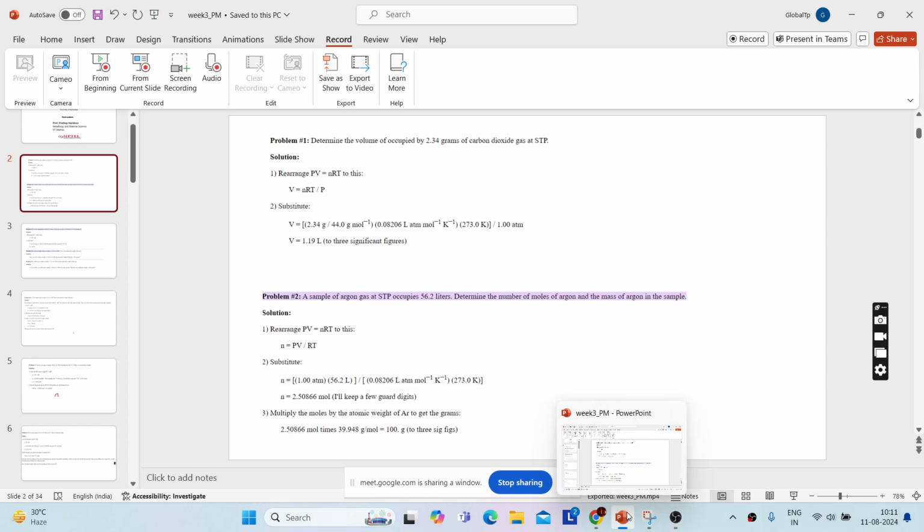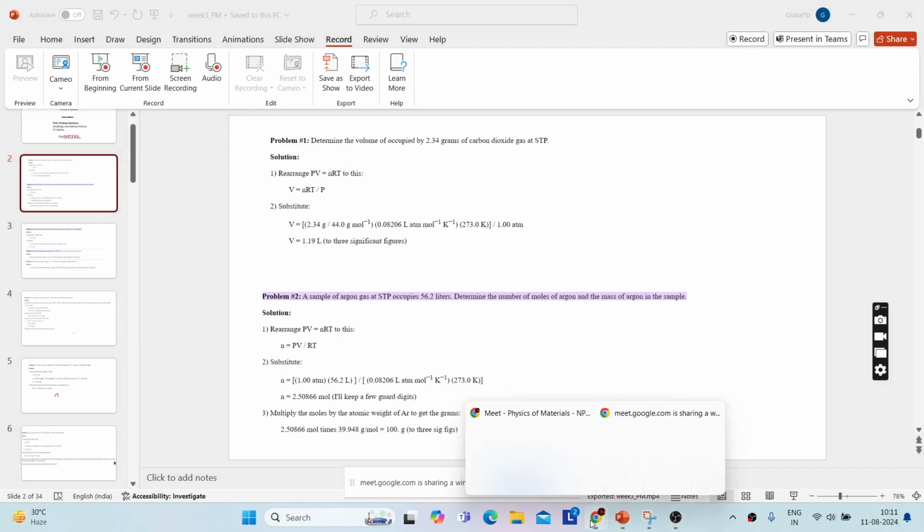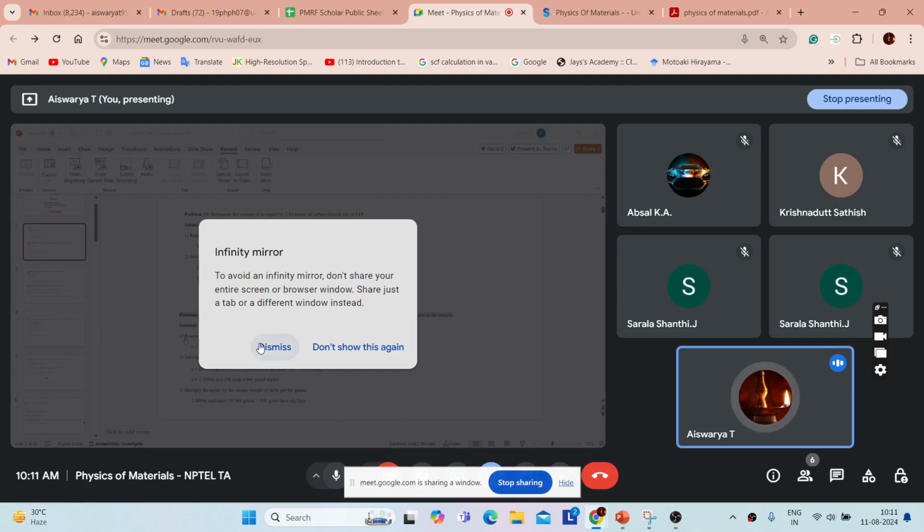So we will go through a few problems, then we will go to this week's sections. Hope you can see the screen.